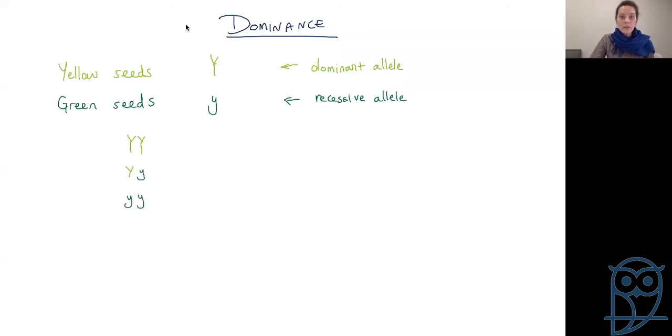The thing to remember is that we're always going to have these in pairs, because you get one from dad, one from mum, and that makes your pair of homologous chromosomes. A pair of homologous chromosomes means that you have one allele from dad, one allele from mum, and they work together to create that trait. So we have yellow seed alleles on both chromosomes, so we're going to get yellow seeds.